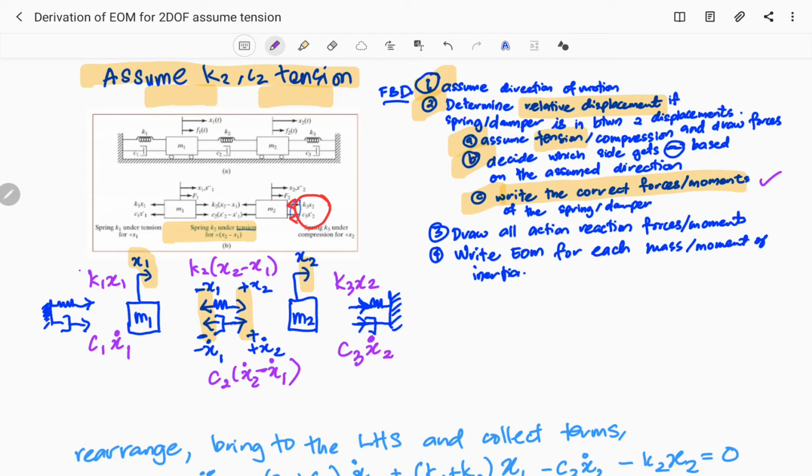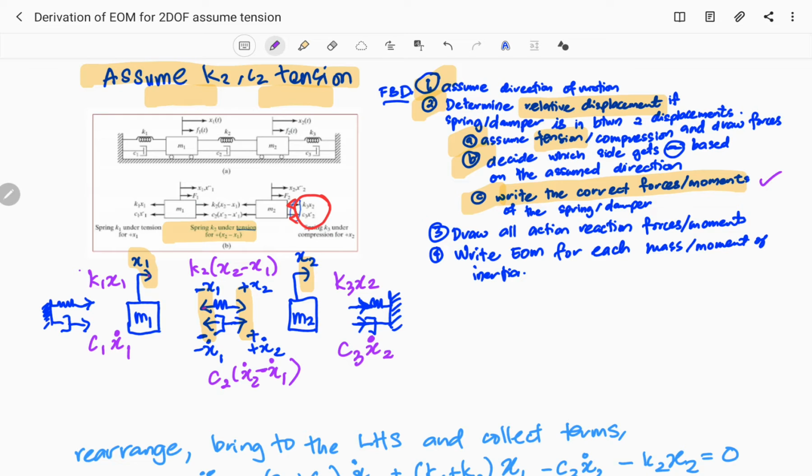I've written all the correct forces of the springs and the dampers in purple. As I said, you have to see the directions, especially for K2 and C2. I've written it in terms of x2 minus x1 because x1 gets negative, because the arrowhead of this is opposite to the direction of x1.